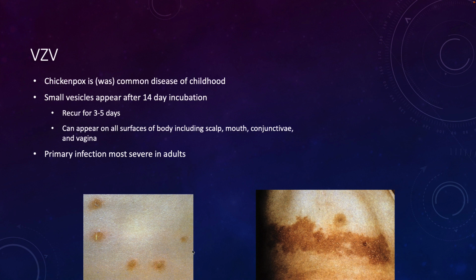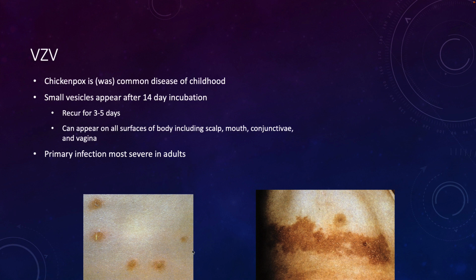And so I want you to think about this. This is a virus, just like herpes simplex 1 and 2, where a lot of the symptoms we see, like the blisters and the rash and the fever, are caused by the immune response. Sure, the viral infection does things too, but the immune response can also do things.